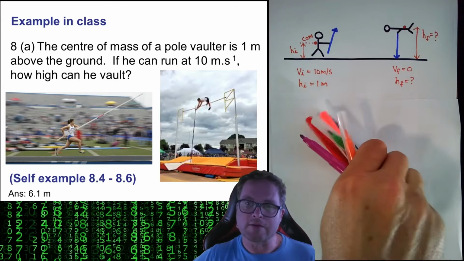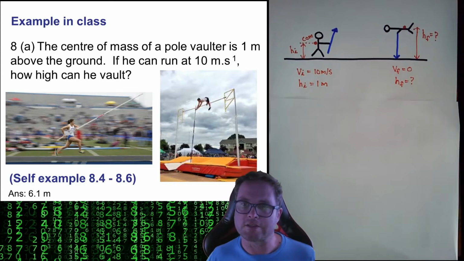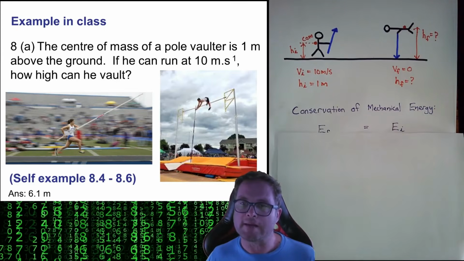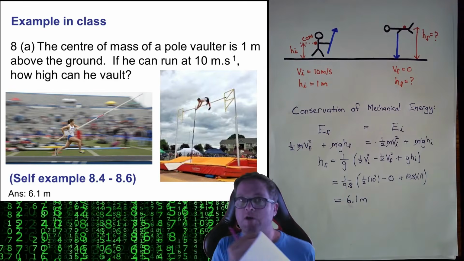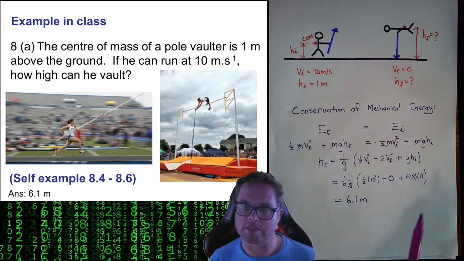So as I said, we'll be using the conservation of mechanical energy to solve this problem. Essentially, the conservation of mechanical energy tells us that the final mechanical energy is going to be equal to the initial mechanical energy. So we go ahead and expand the terms and write out the equations.